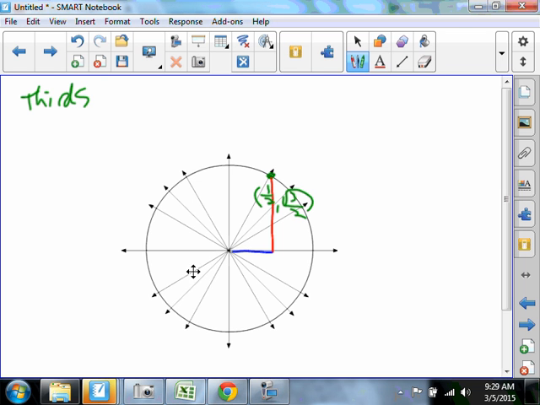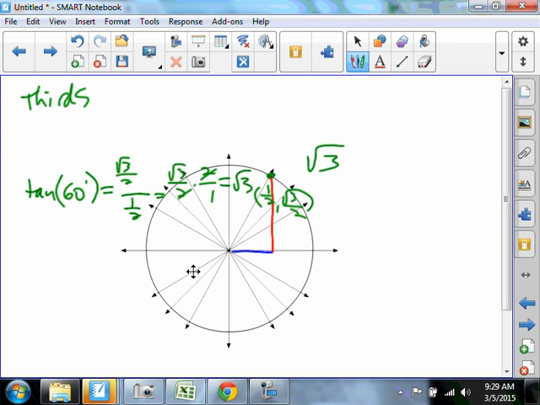Okay, so when we evaluate this, the tangent at 60 degrees is y, rad 3 over 2, over x, a half. So that's rad 3 over 2 times 2 over 1. We cross cancel, and we get rad 3. So we get rad 3 right there. Let's go 180 out. Remember your bow tie angles. 180 across from that.